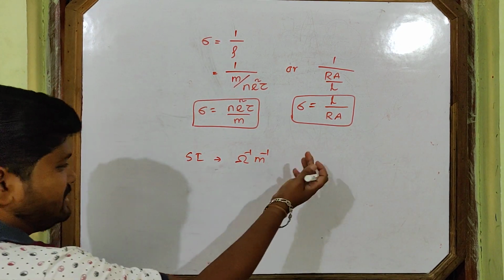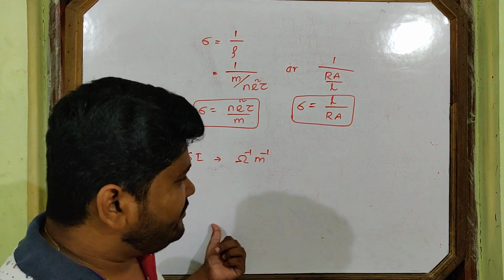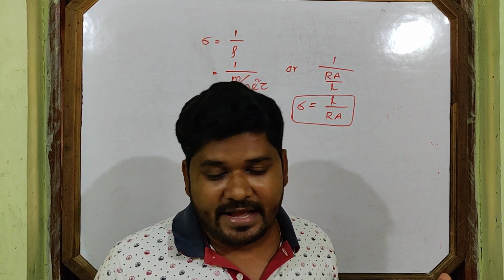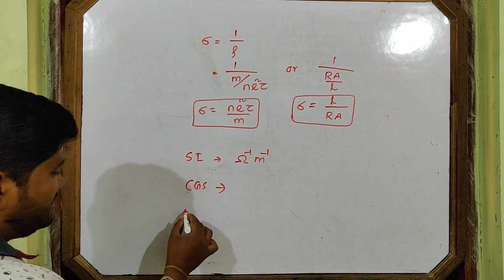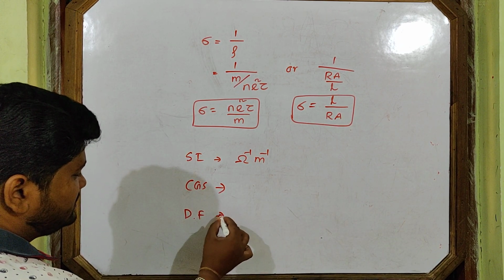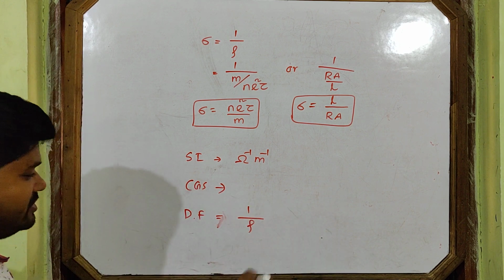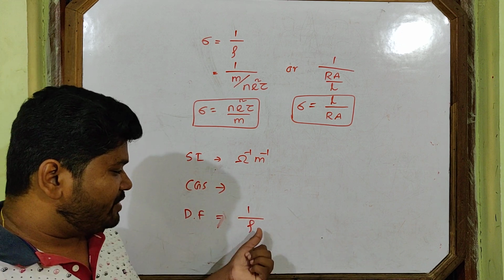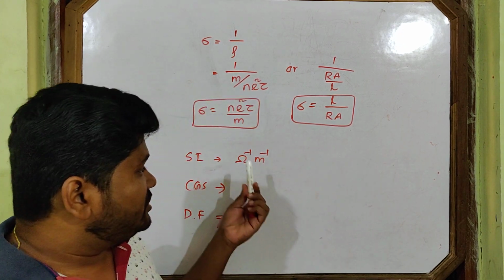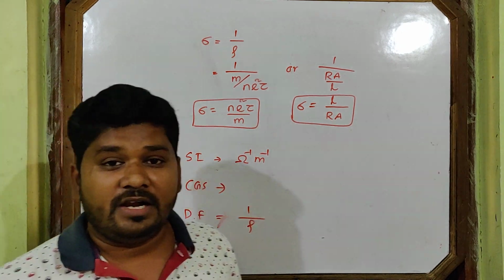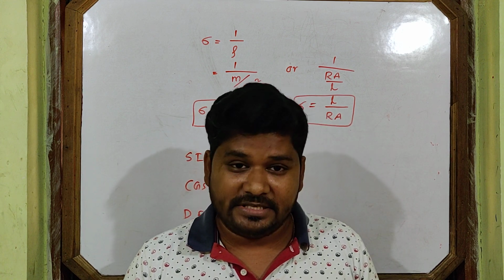Similarly you can write the CGS unit, and for the dimensional formula, just take 1 by the resistivity dimension, put it here and find the reciprocal. So this is about the next term, conductivity, the reciprocal of resistivity.